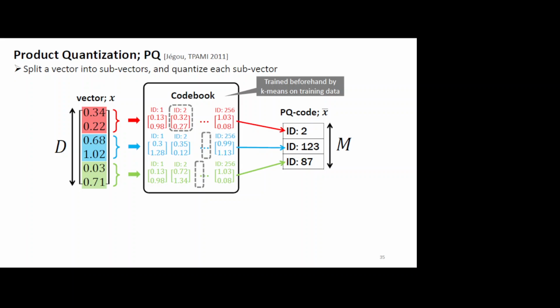And this method is called product quantization. So product quantization is actually a general version of scalar quantization. Scalar quantization is a special case, because scalar quantization only deals with one dimension. But product quantization can process as many dimensions.